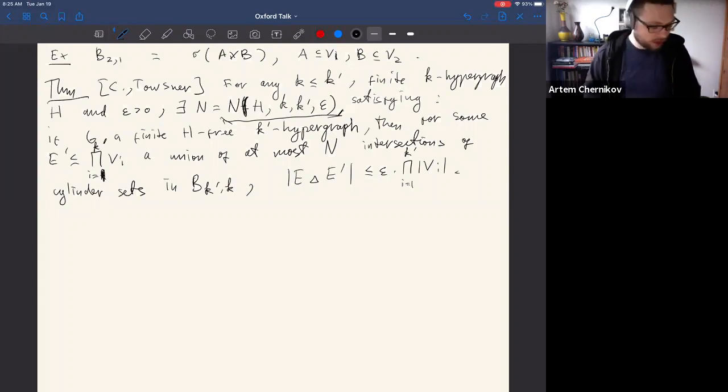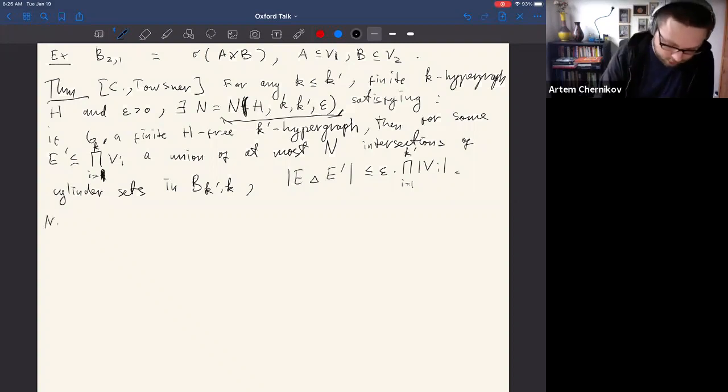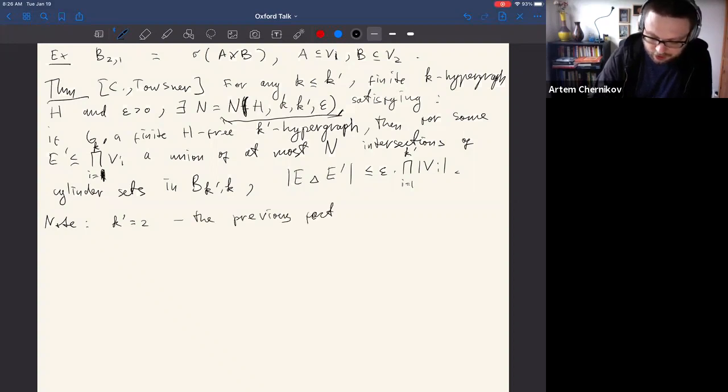Of course in the case k prime equals 2, this gives the original result, the previous fact, except for the specific bound.